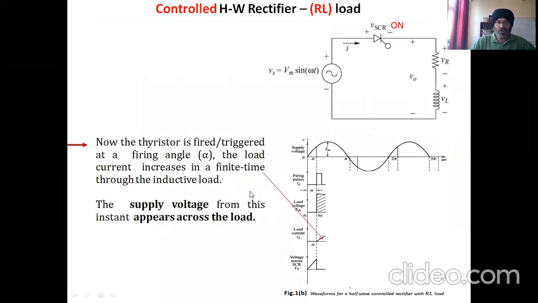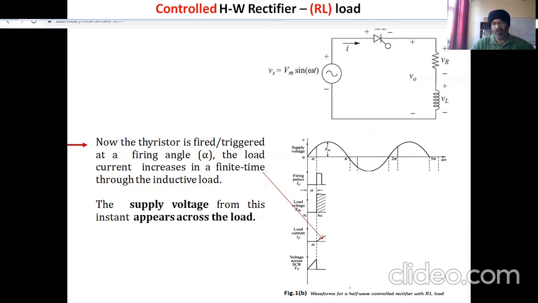Now, as we move on, the thyristor is fired at this firing angle. Means this rectangular pulse showing over here is the firing pulse at the gate. This firing pulse is applied at the gate for small instant of time. And the gate current will start to flow. And once the gate current starts to flow, the thyristor will be on.